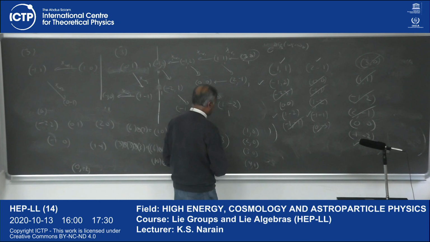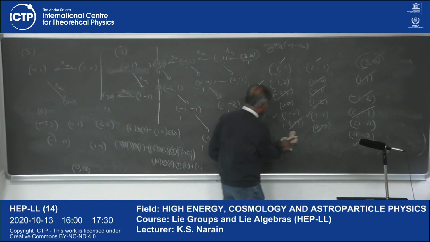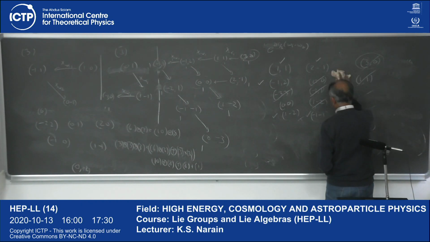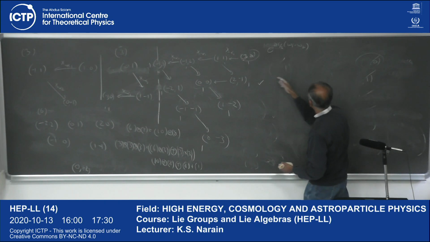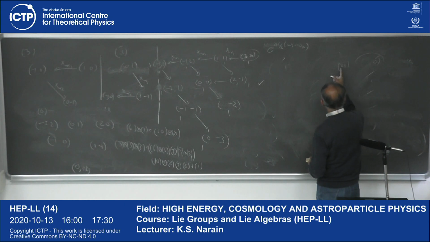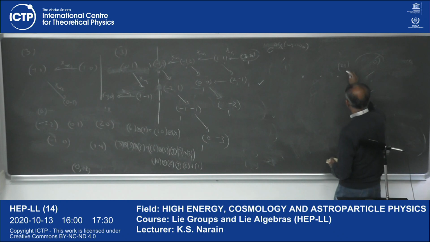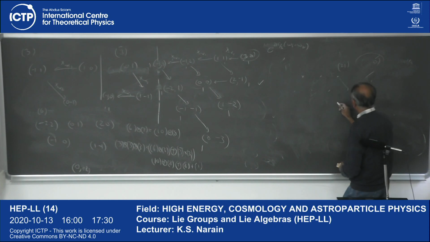On the other hand, consider the 2, 1 case that we discussed, in which neither of them is 0. There were 3 elements here, then this went there, so this became 4, and the next one, 2, 1.